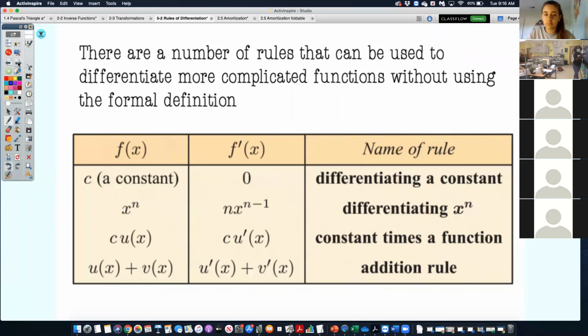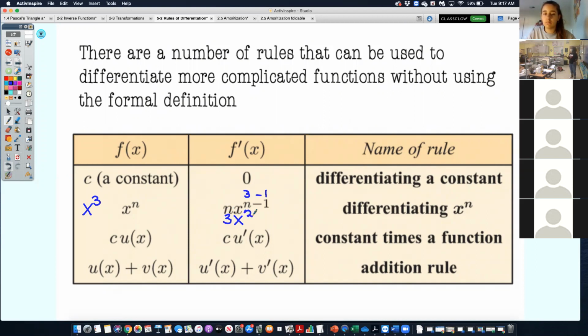Now, when you have a power, a variable raised to an exponent, the derivative of that is going to be the exponent times x, and then you subtract 1 from your exponent. So, for example, x to the third would be 3, because that's the value of n, x to the 3 minus 1, which is 2.